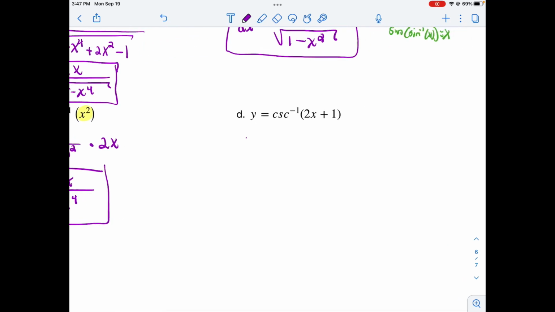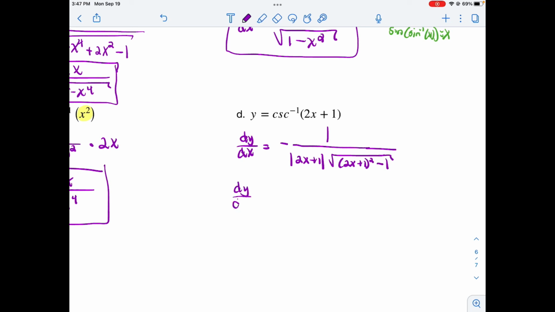Okay, the last one I will do today is the derivative of the inverse of cosecant of 2x plus 1. So I'm going to use the formula for the inverse cosecant. It's negative 1 over the absolute value of x, which in this case is 2x plus 1, times the square root of 2x plus 1, quantity squared, minus 1.